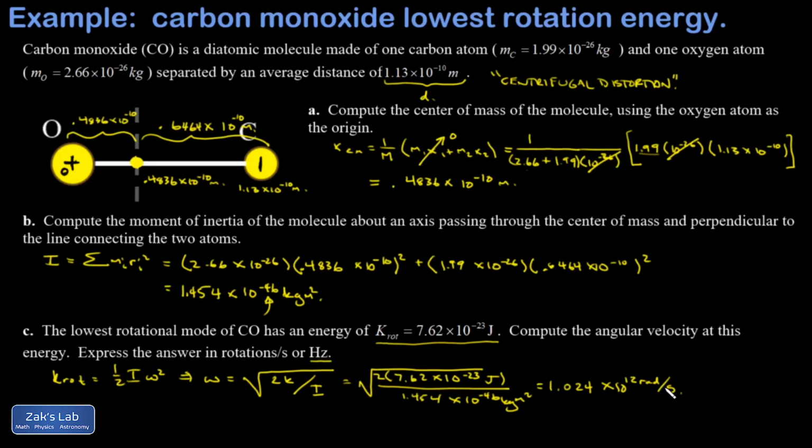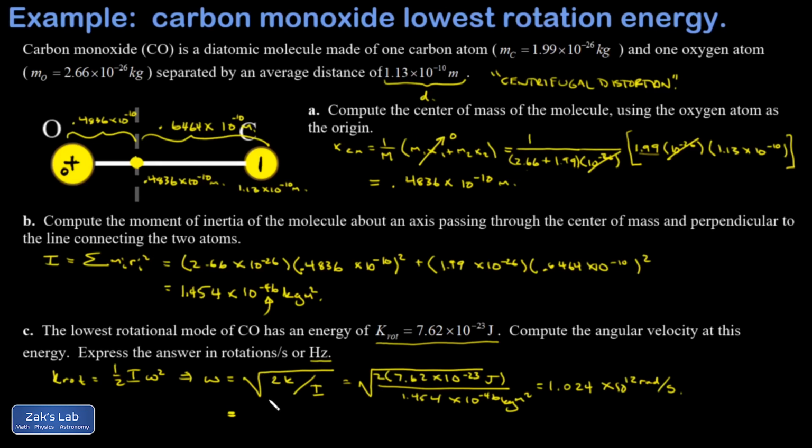So of course that bond is going to stretch in real life. I want to convert this to rotations per second, which I could also say is hertz. It's a frequency of rotation. So I'm going to take this value and divide it by 2 pi because there's 2 pi radians per rotation.